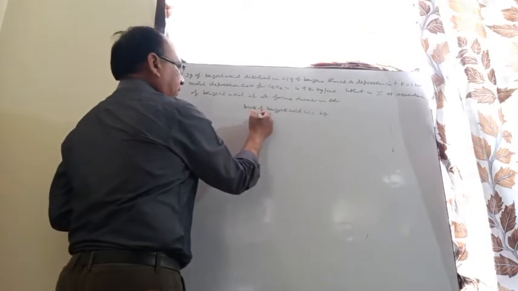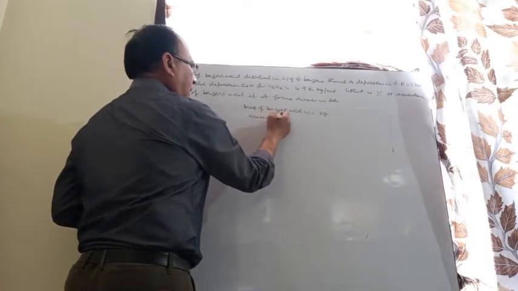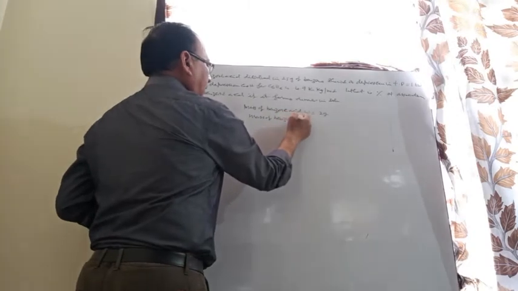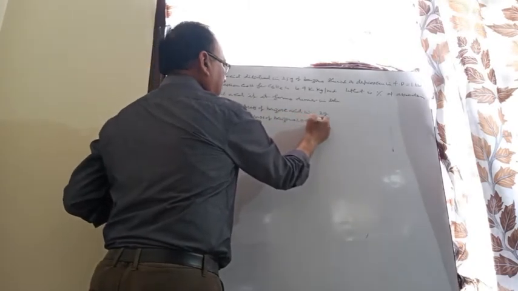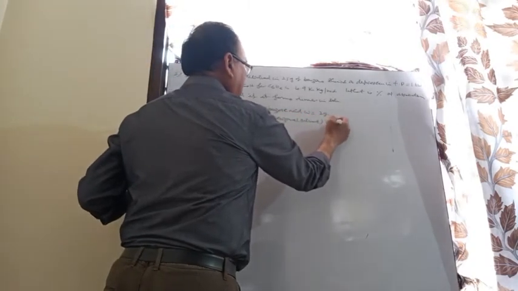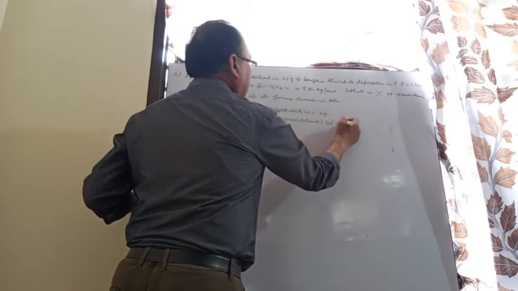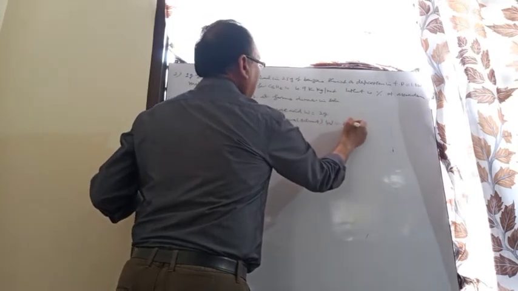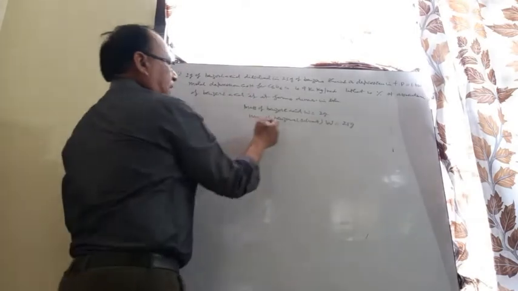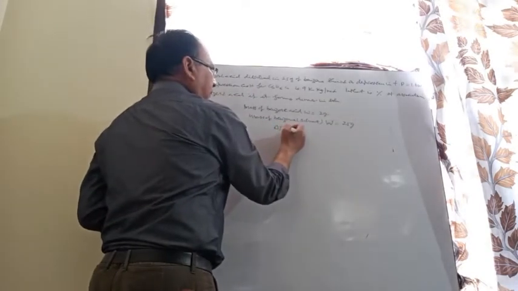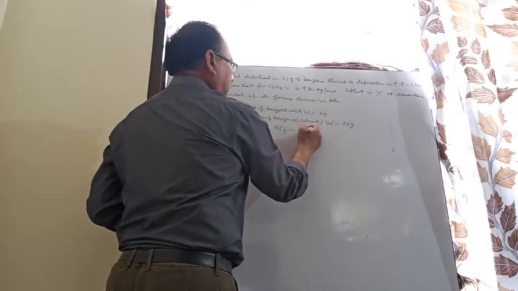Mass of solvent, mass of benzene that behaves as a solvent, that is capital W, is given to you, that is 25 gram. Delta Tf depression is shown 1.62 Kelvin.